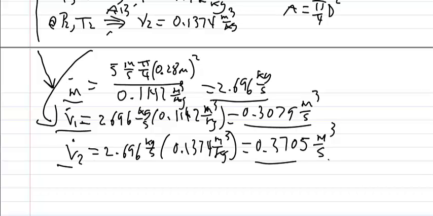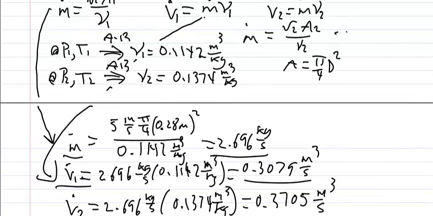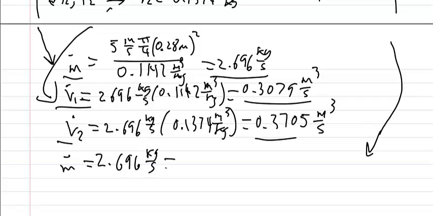And lastly, in order to find the velocity, we're going to use the same equation for mass flow rate as we did above. So we have mass flow rate, which we already found is 2.696 kilograms per second. And again, the mass flow rate is going to equal the velocity times the area over the specific volume. The velocity is unknown.